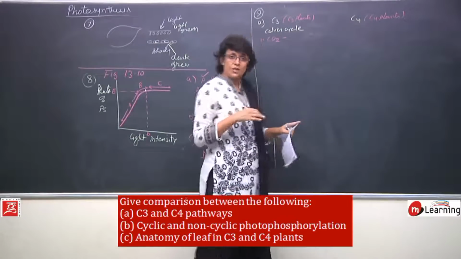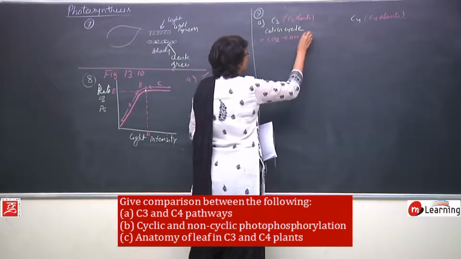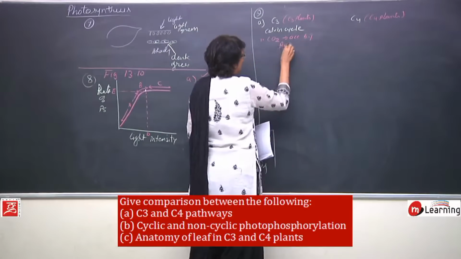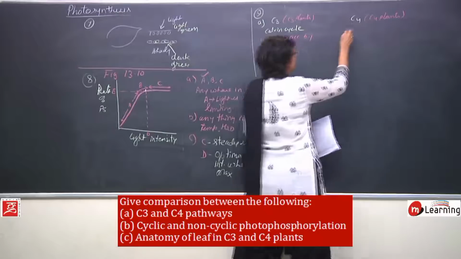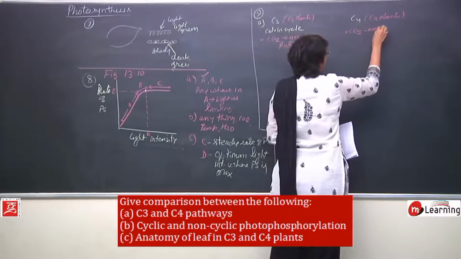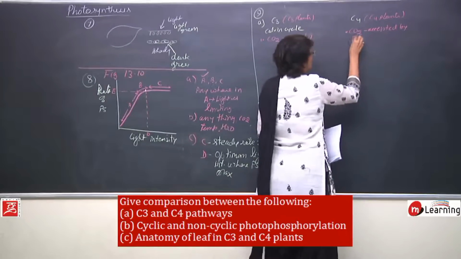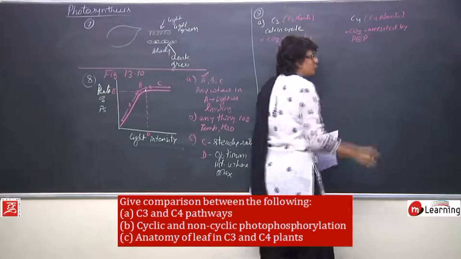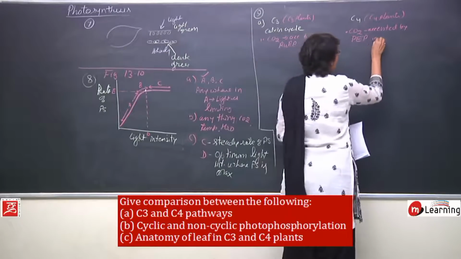So it is a combination of both. Carbon dioxide is accepted by RuBP. In this case, carbon dioxide is accepted by phosphoenol pyruvate, where? In mesophyll cells.